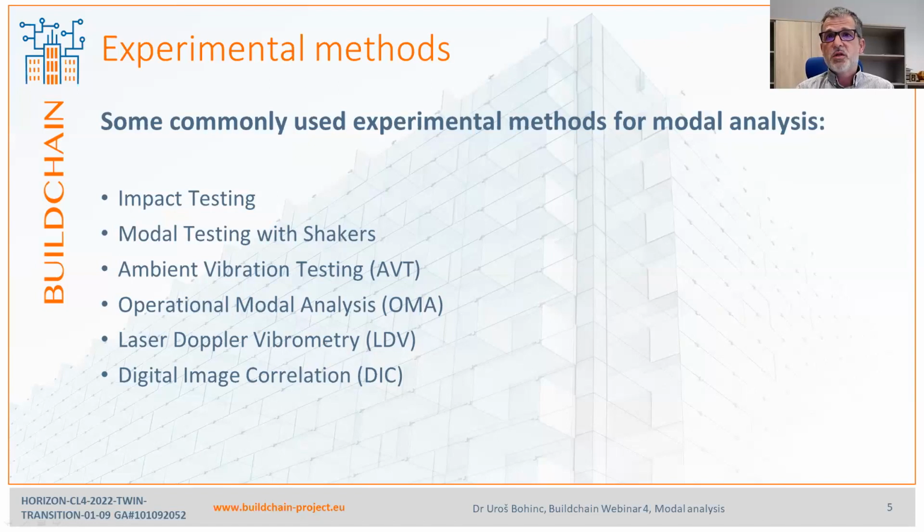So there you can use laser Doppler vibrometry to study the vibration mode of a speaker, for instance, or a housing of a machine, or digital image correlation can be used to acquire the modal shapes of a structure, and the DIC, the digital image correlation, can actually be also used for civil engineering structures.